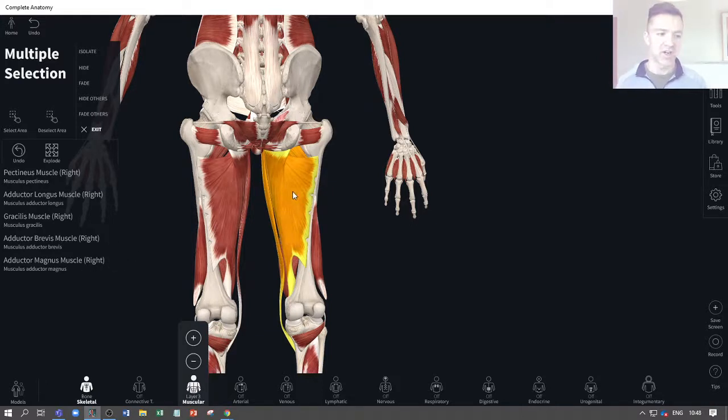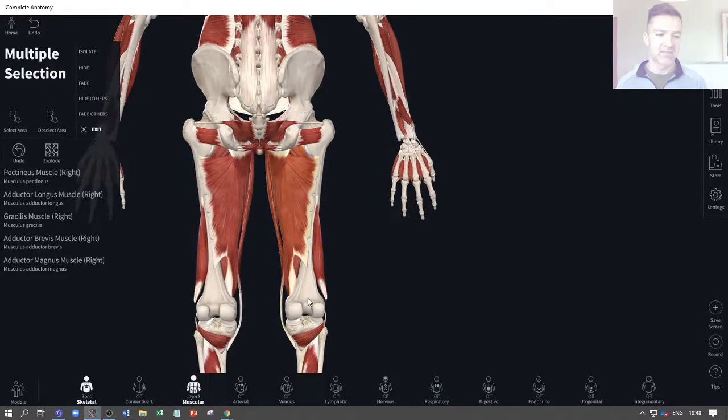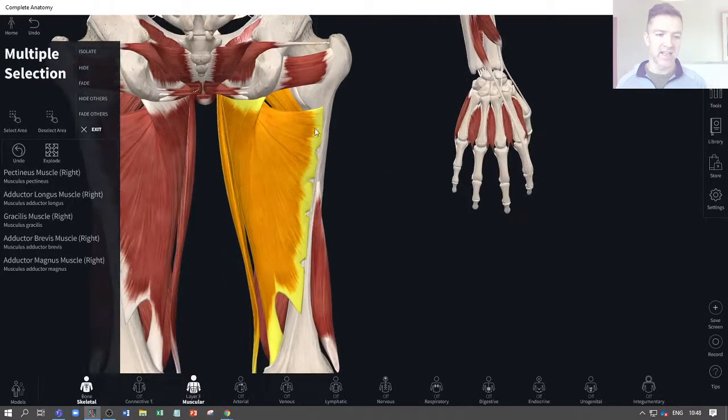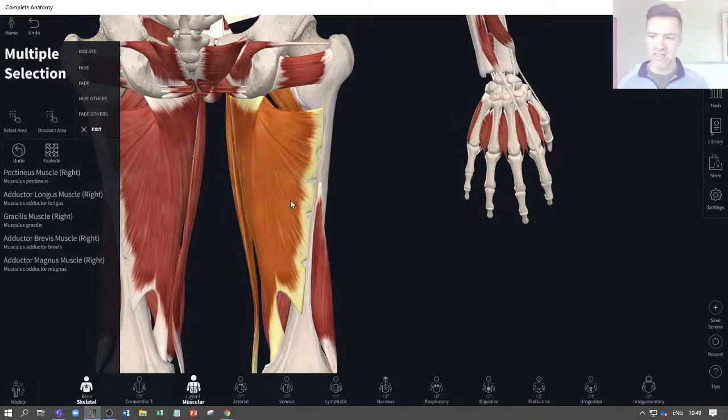We have got the adductor magnus, which is located around the back. We can see here it originates on the pelvis, and this inserts onto the posterior surface of the femur there.